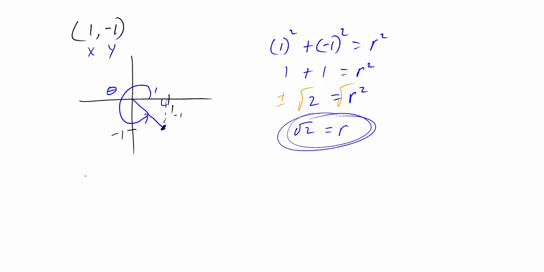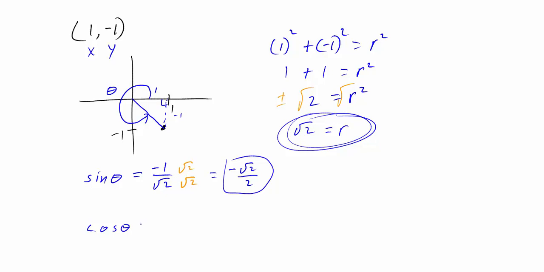So from here we could easily calculate the sine of theta, which is the y coordinate, -1, over the r, which is square root of 2. And once again, we can rationalize by multiplying by the square root of 2, and we would get negative square root of 2 over 2. And then if we want to find the cosine of the angle, once again, we're simply going to take the x, which is 1, over r, 1 over the square root of 2.